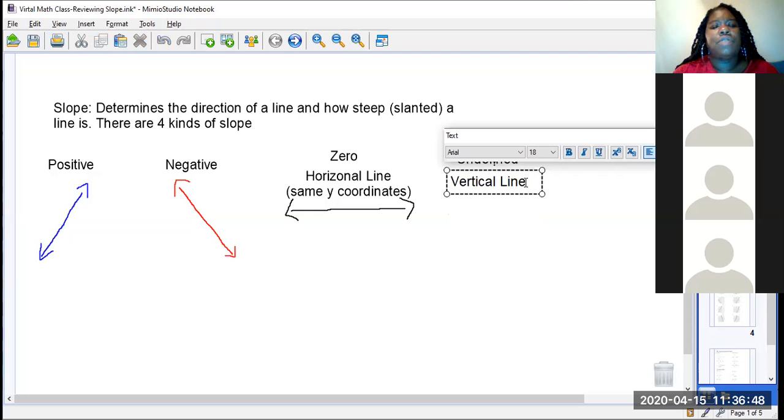Now, with a vertical line, what two coordinates have to be the same?